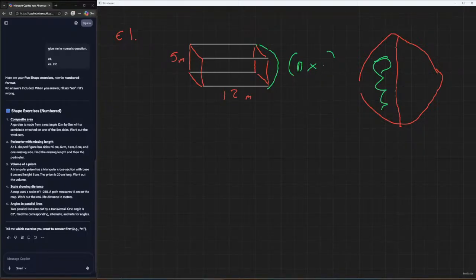This is pi r squared, this is how you find the area for the full circle. But apparently I can't even write that. I just have to make my life difficult. So if you take 3.14 times 5 squared, and then we're gonna half it, okay?